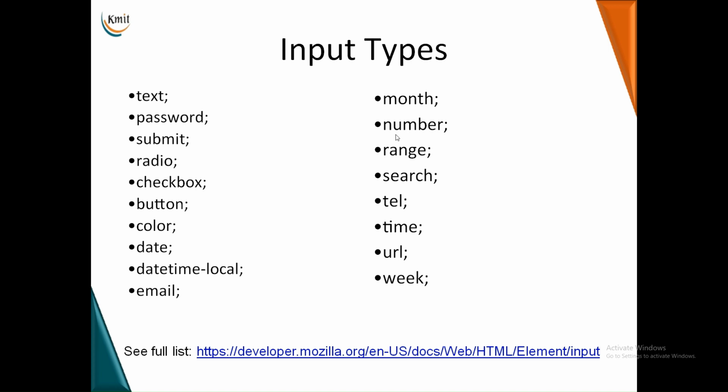Whenever you would like to take the date of birth of a user, you can go with a date. There are different use cases for each of them. Please feel free to explore all of them. Please visit the URL which I have passed over here and will be seen under the description box.